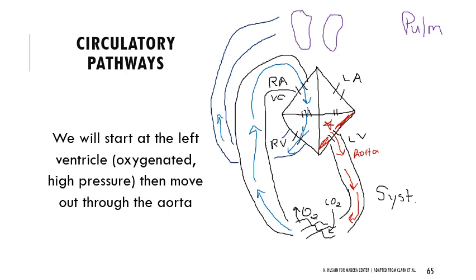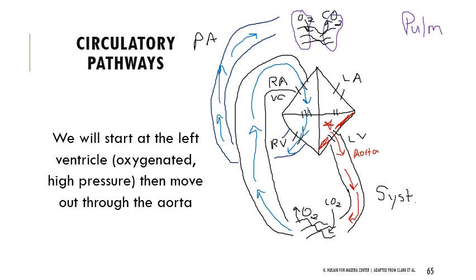So that blood is deoxygenated, it's flowing, and it's going out through the pulmonary arteries. Gas exchange is going to take place in capillaries surrounding the alveoli, and so we're going to have oxygen now going from the lungs into the blood, and CO2 is going from the blood into the lungs so that we can breathe it out.